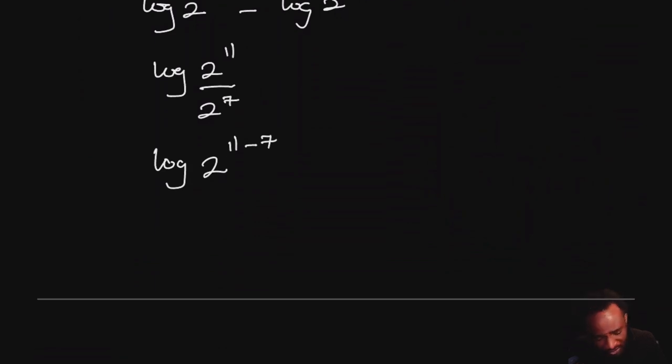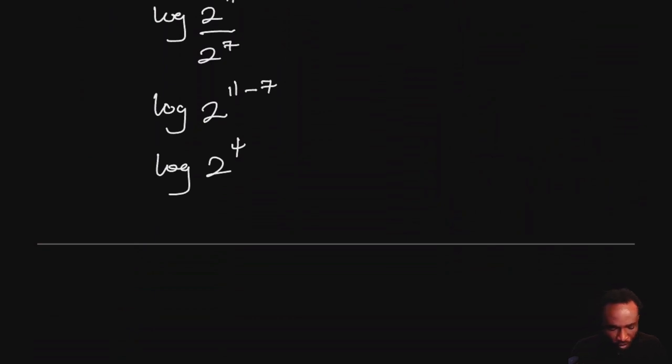And according to the laws of indices, if terms are dividing each other and the bases are the same, you write one of the bases, and then you subtract the exponent. So we are subtracting the exponent over here. So our answer is going to be log 2 raised to the power 4 in this case.